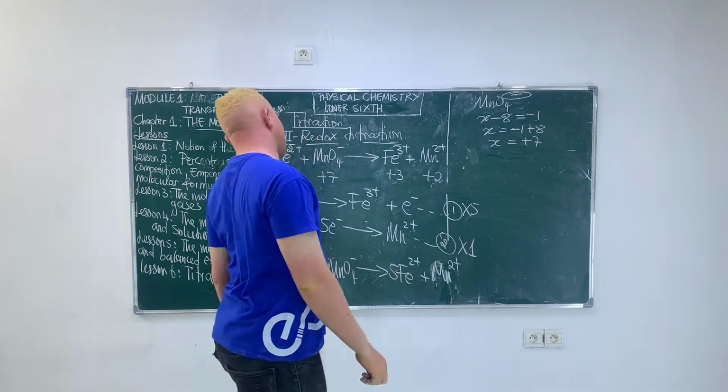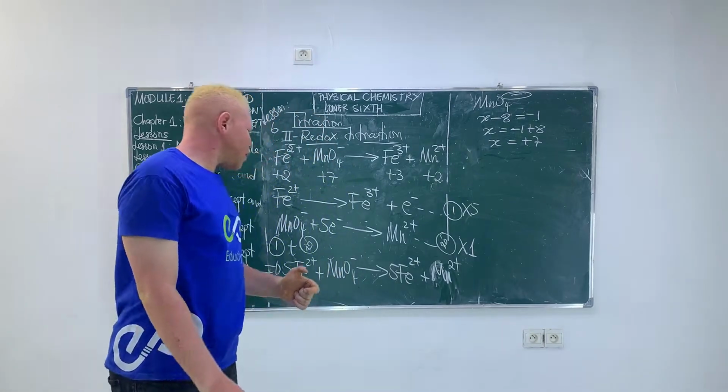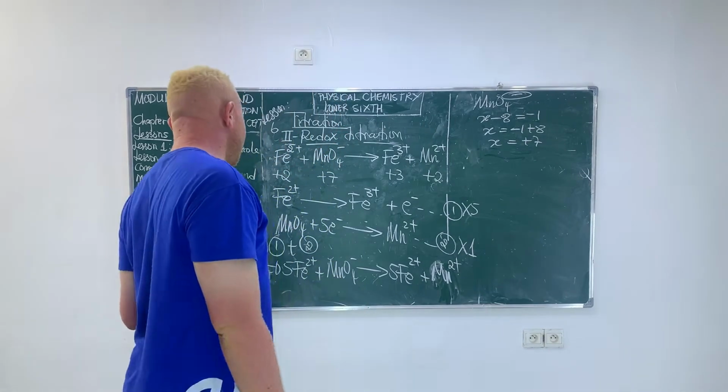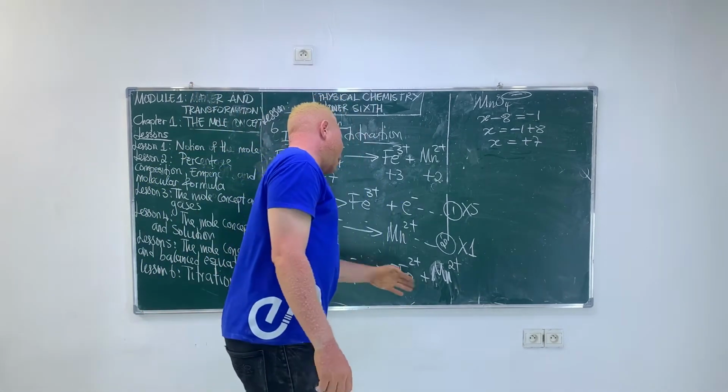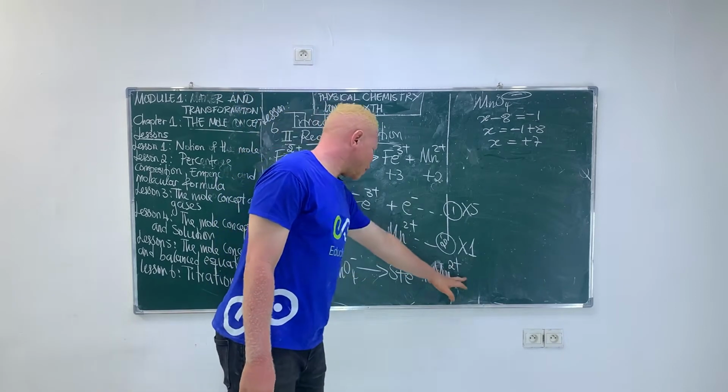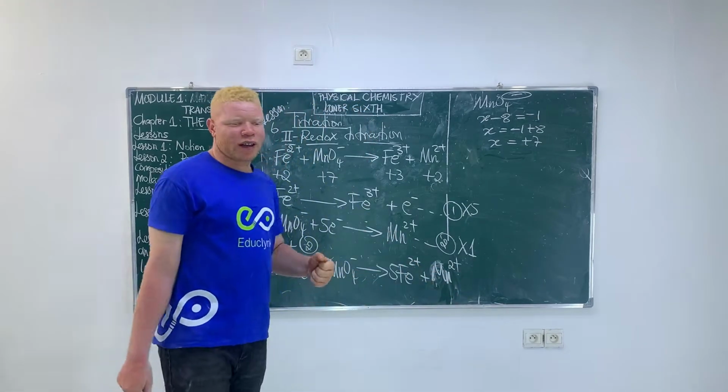In this equation, they can ask you to balance the electrons in an acidic medium. An acidic medium simply means that on the right you're having water, and on the left you're having hydrogen ions.